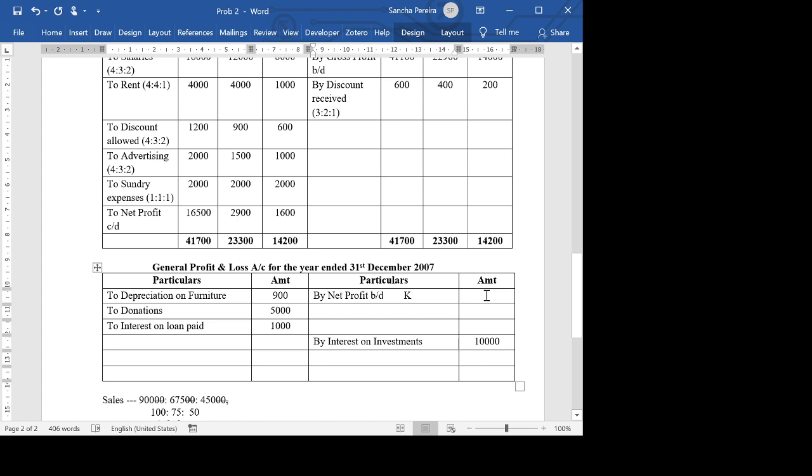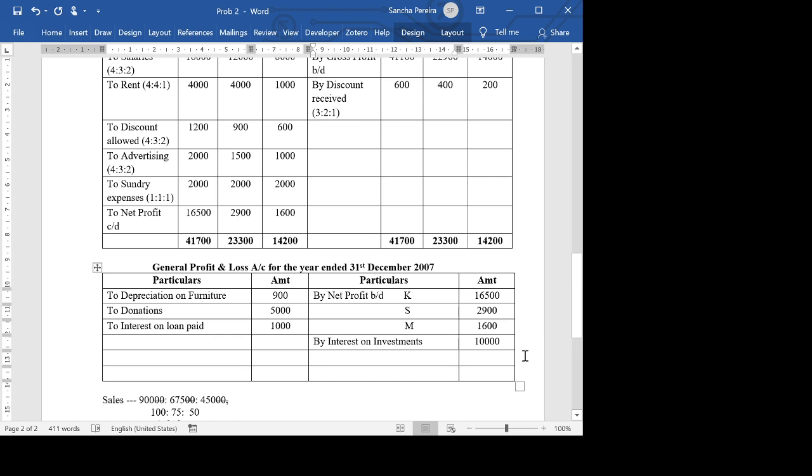If you show it outside, it saves you the trouble of totaling in the inner column. 16,500. Here we have 2,900, and here we have 1,600. K, S and M.